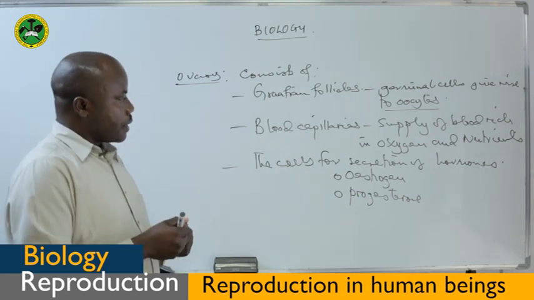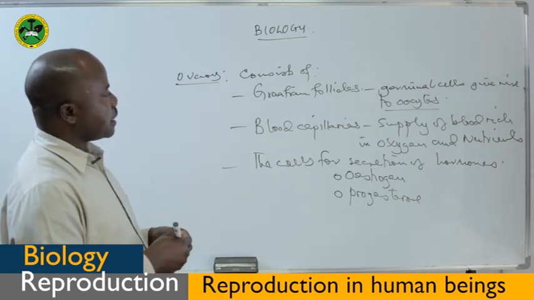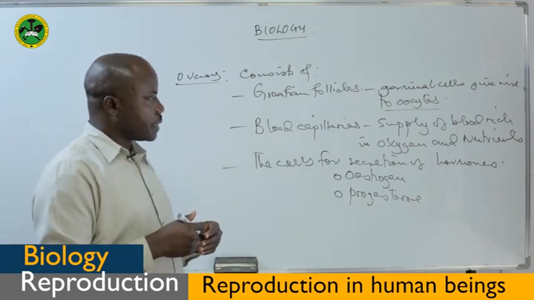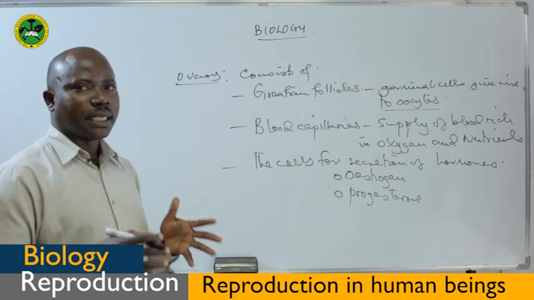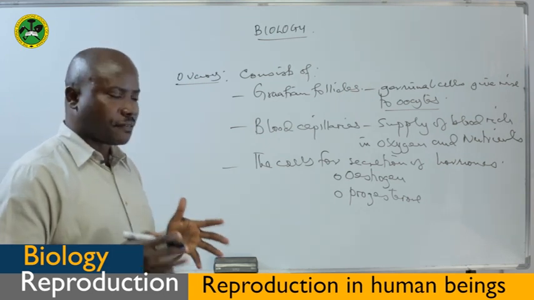Therefore, if you look here, it means the inner part of the ovary is made in such a way that the process of gametogenesis takes place effectively.